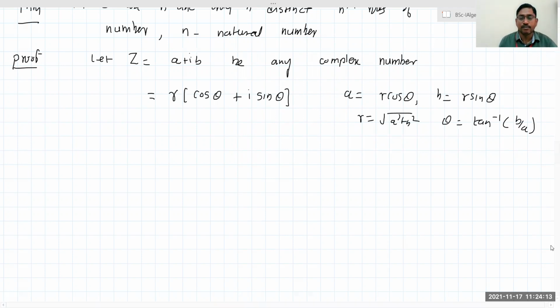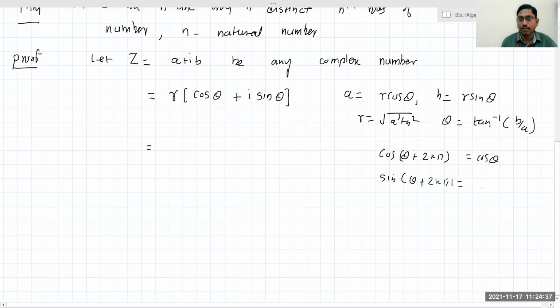Why have I taken this? I have to apply De Moivre's theorem here. Now this theta may be the principal value of the argument, but we know cos of theta plus 2 pi, 4 pi or 2k pi is cos theta, and as we have seen in the graphical representation, sine and cosine are both periodic functions with period 2 pi, 4 pi, 6 pi and even multiples of pi, so it is also sine theta.